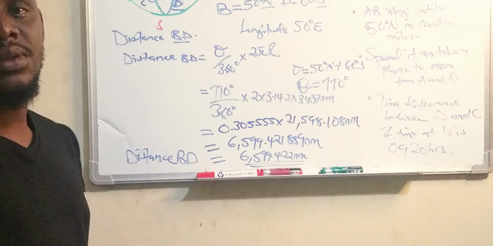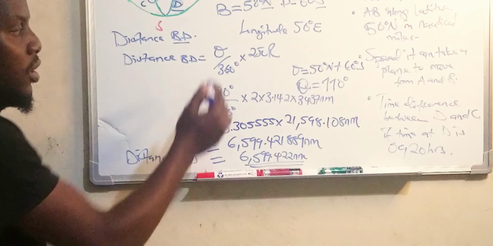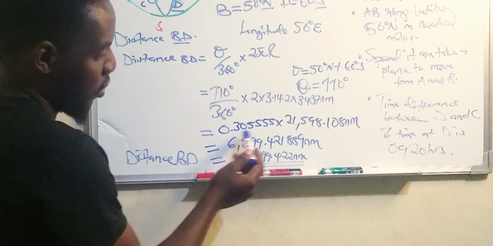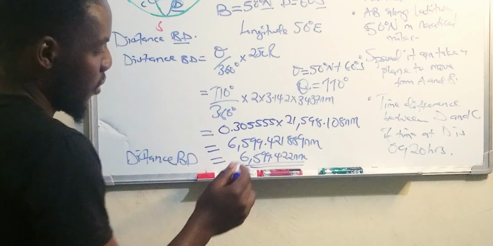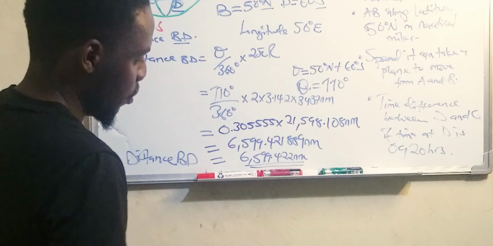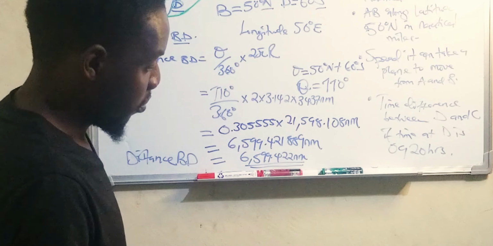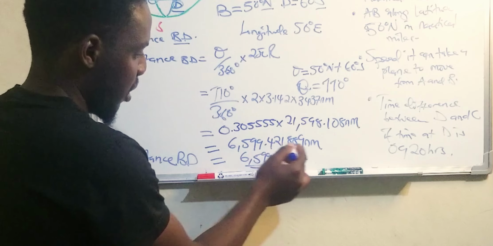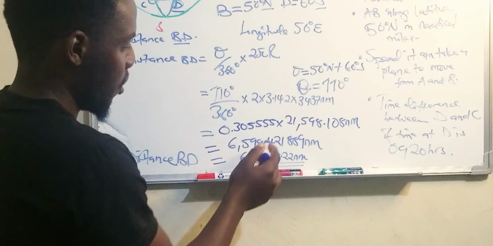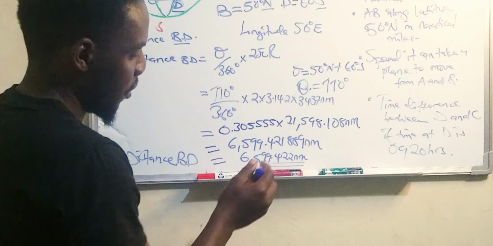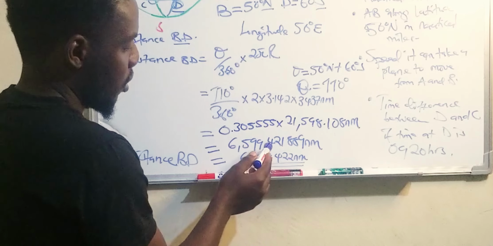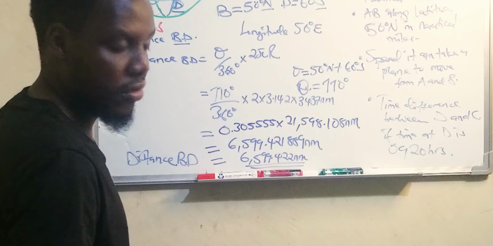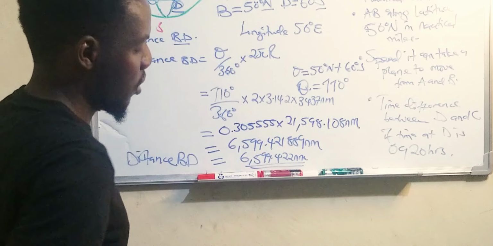After putting in all the values like that and calculating, you should get something close to 6,599.422 nautical miles. When you have a number like this, you write it to three decimal places, that is 422, because there we have an 8 which is above 5, so you add 1 to the digit on this side.